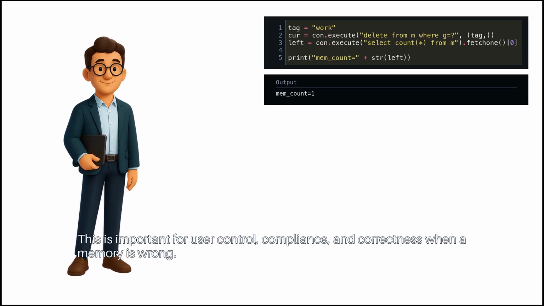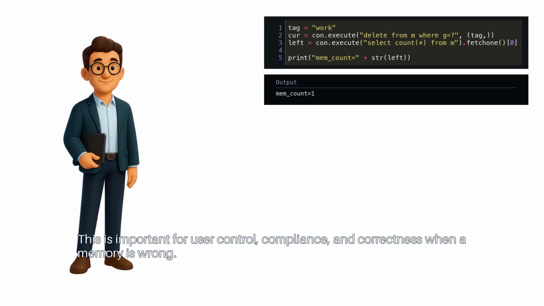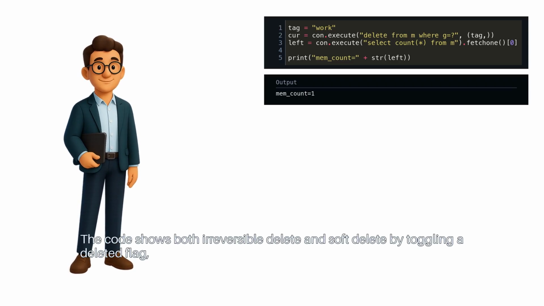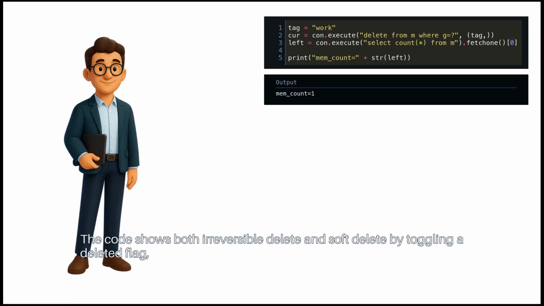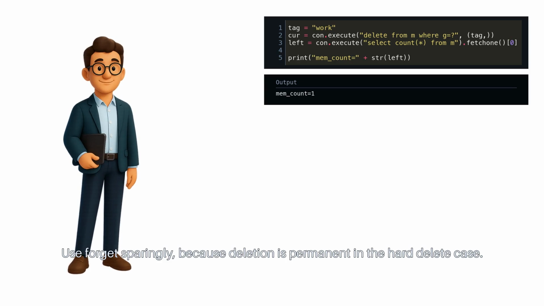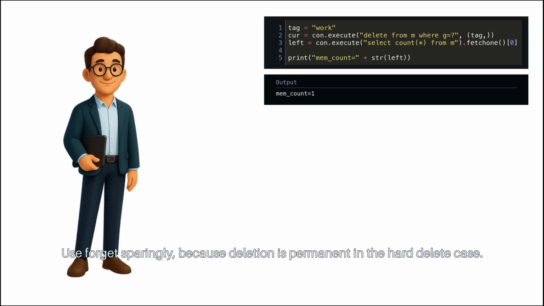This is important for user control, compliance, and correctness when a memory is wrong. The code shows both irreversible delete and soft delete by toggling a deleted flag, and it prints or returns the remaining rows so callers can validate the outcome. Use forget sparingly because deletion is permanent in the hard delete case.